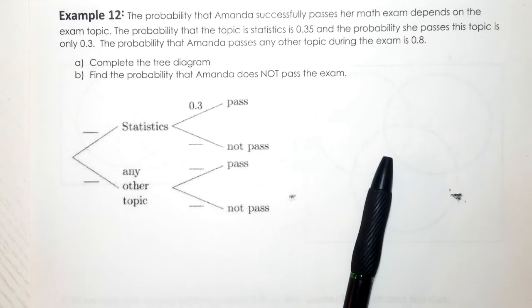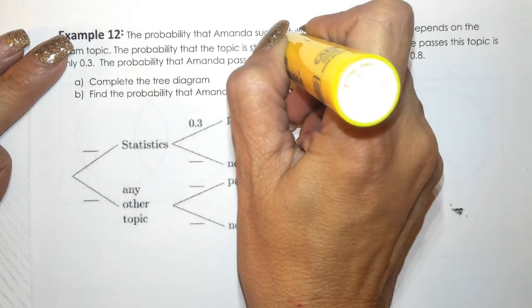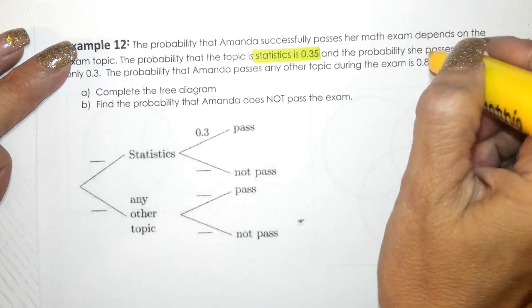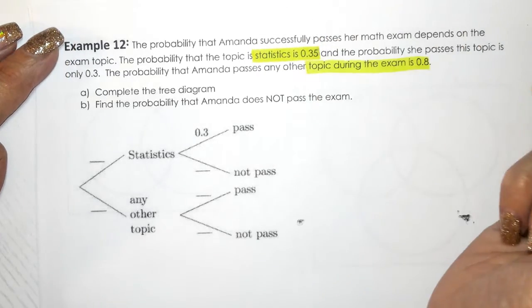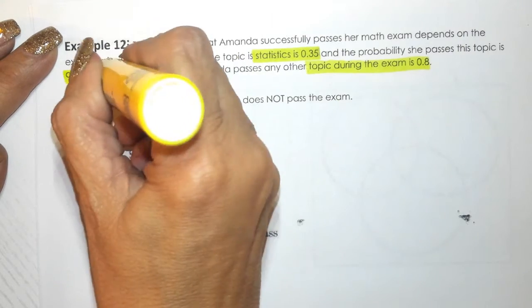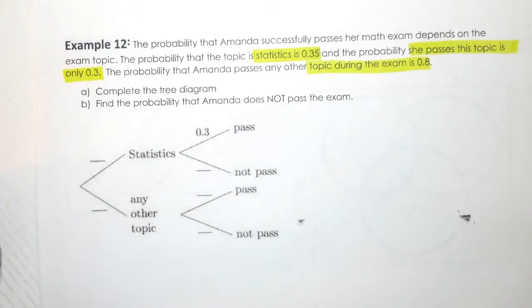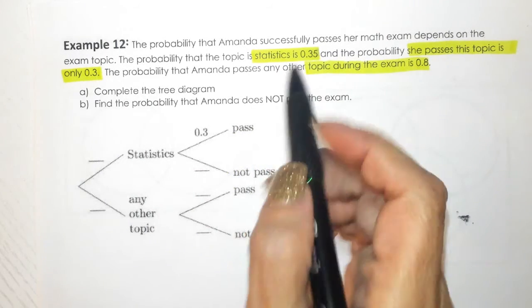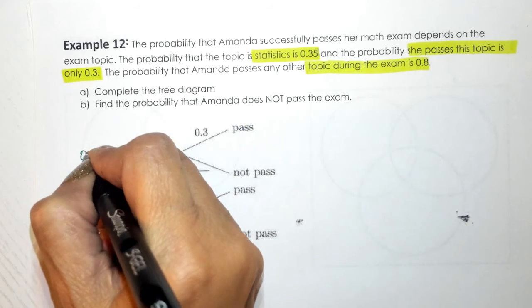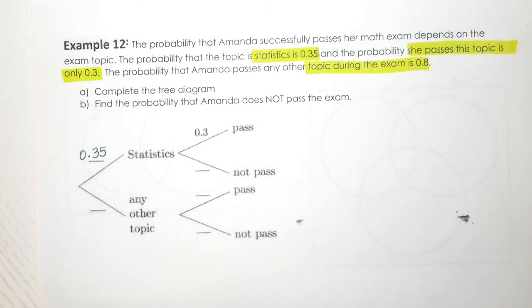So let's go back up here. Let's kind of look at some stuff. Statistics is 0.35. The exam other topic is 0.8. And we had 0.3 that she passes any of the topics. So if it happened to be a statistics topic, we're going to say that it was 0.35 if it was statistics.